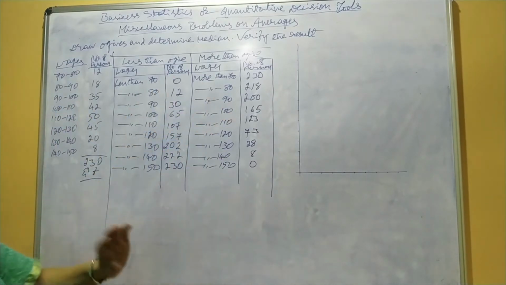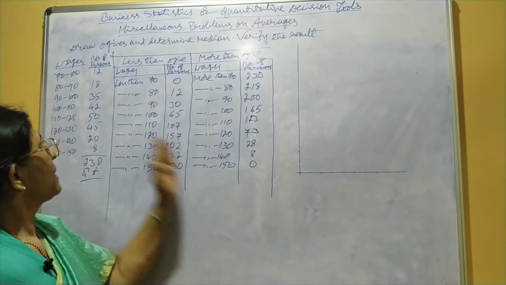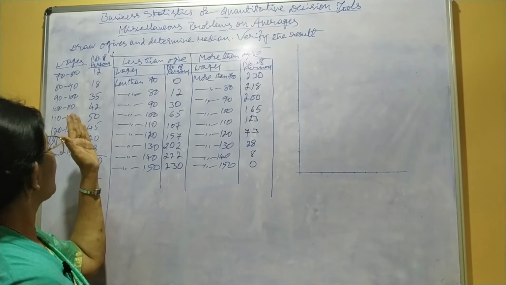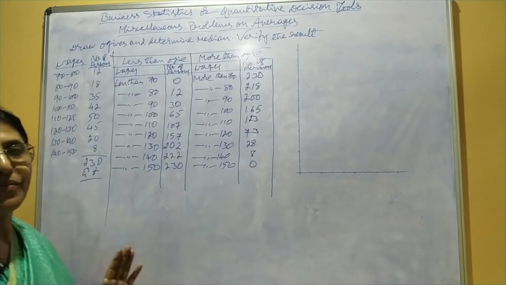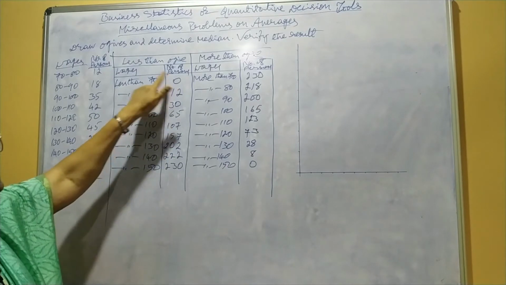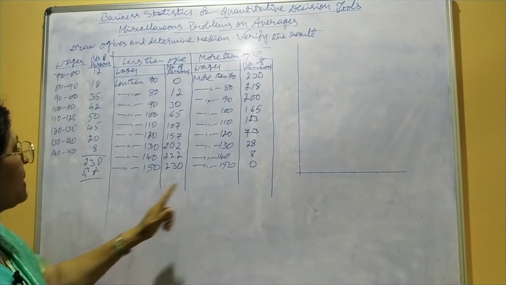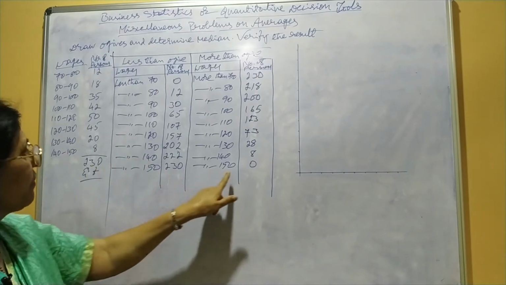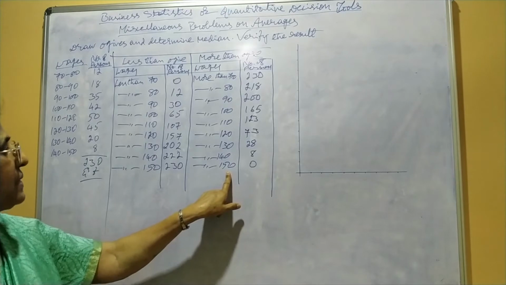Okay, like this. First we have to convert the variables into less than and ordinary frequencies into cumulative. Then for more than argue, we have to convert the variables into more than. Then as usual we have to convert ordinary frequencies into cumulative frequencies. In case of less than, we start from the lower limit, and in case of more than, we take even last class upper limit.